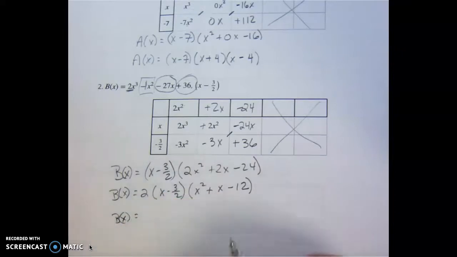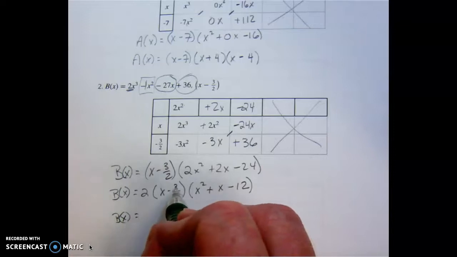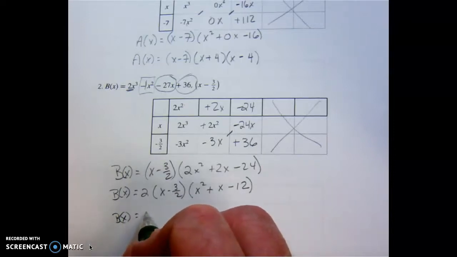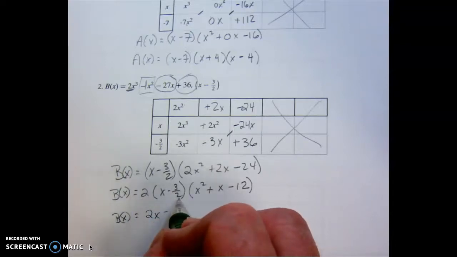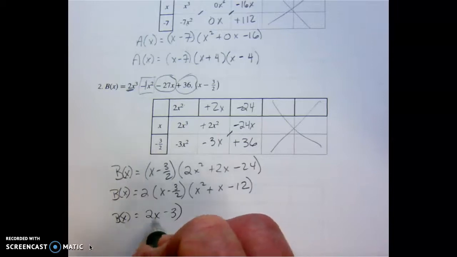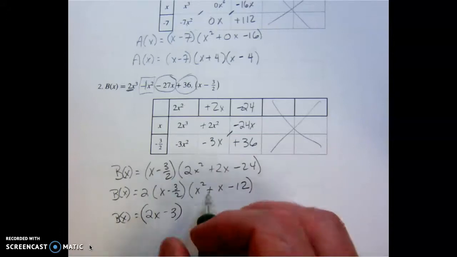Now I'm going to do two things at once here. If I distribute this 2 through 2 times 3 halves, that's going to make this fraction go away. So I like that. So I'm going to say 2x minus 2 times 3 is 6, divided by 2 is 3. So I got rid of the fraction. That's a linear factor now. I like that better.